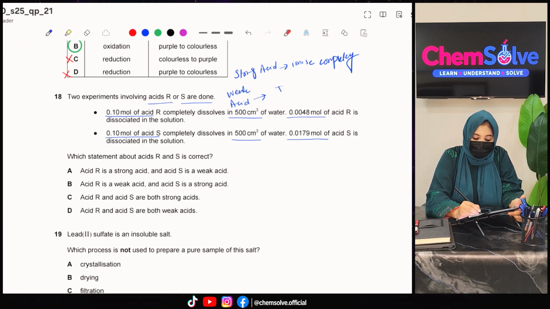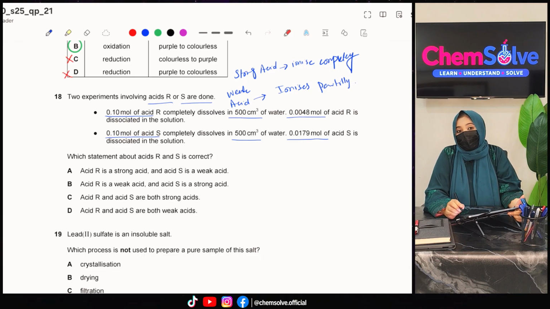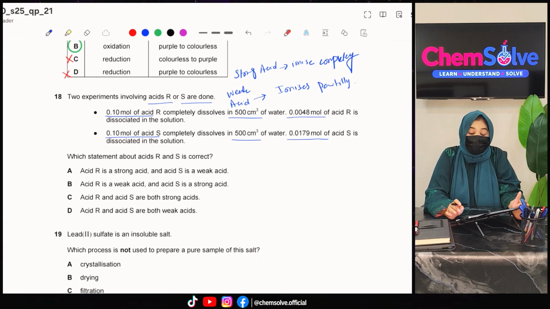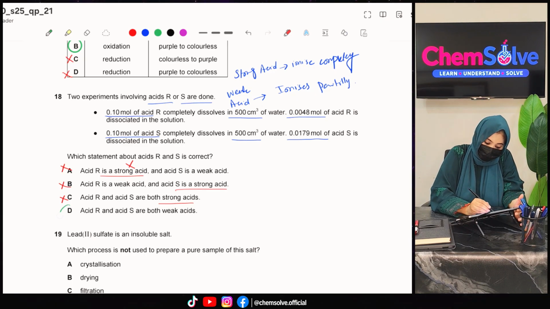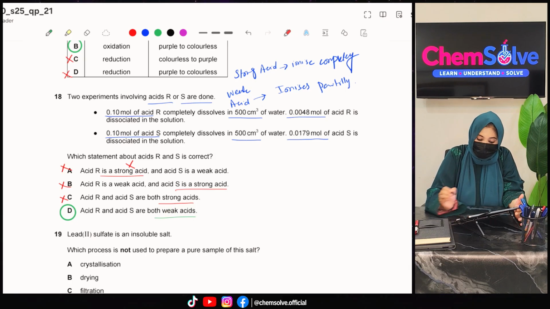A weak acid is the one which ionizes partially, not completely. So both of them are weak acids. Clearly, because both of them are not ionizing 100%, they are not ionized completely. So they are not strong acids. The correct option is option number D. Both of them are weak acids.